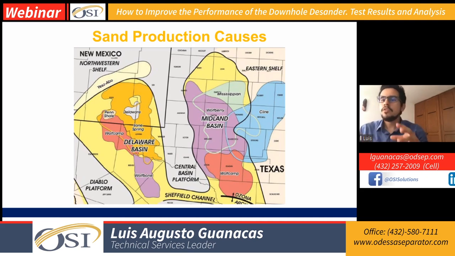Wolfberry and Wolfcamp are high sand production reservoirs. So for sure, if I drill a well in the Wolfcamp, I have to expect sand production, so I have to implement sand control measures, right?